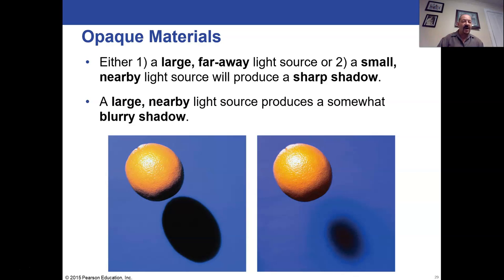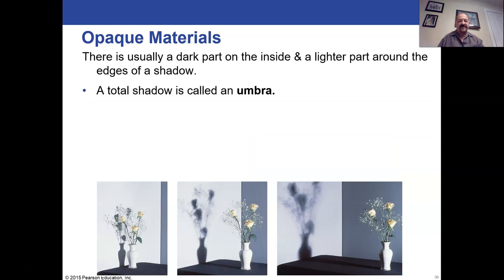So a large nearby source of light, if you have a really big light, you'll get a blurry shadow, because the light will essentially surround the object that it's illuminating, but some of that light, depending on the angle from the light, can actually reach behind the object. Instead of having a perfect dark shadow, you'll have this mix of a dark shadow with a lighter shadow around it, and you end up with this blurry image. And we have names for this.